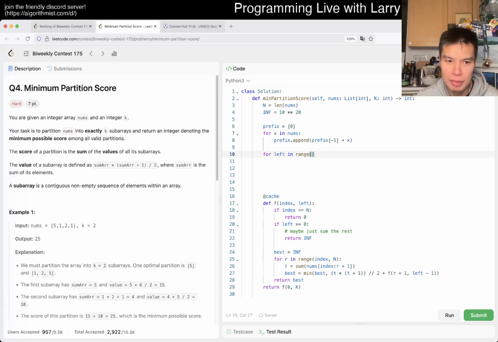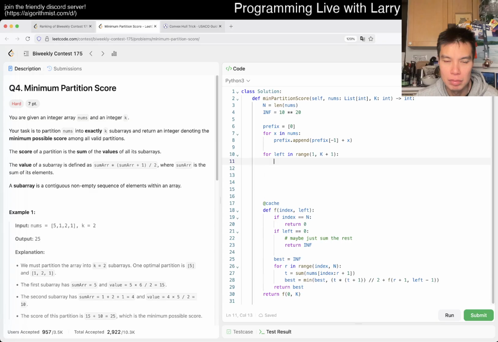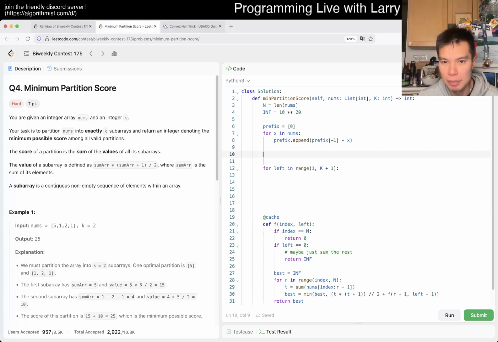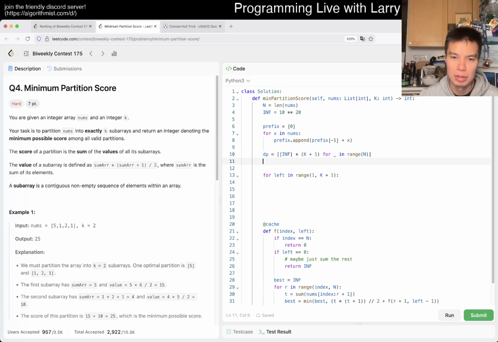Okay. How to set up possible score. I want K on the outside. What's the default value?